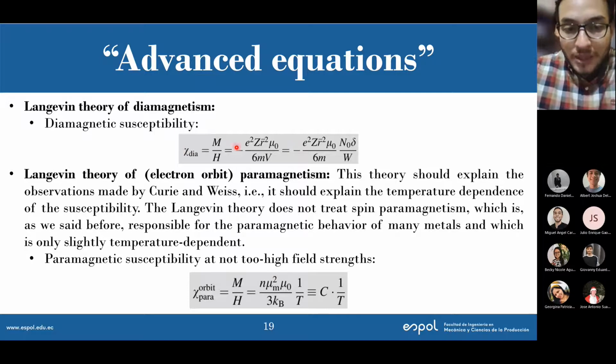Whereas if you model this from a quantum mechanics point of view, using electron charge, mass of the electron, radius of the orbit, atomic number, density, and atomic mass, so terms from an atomic point of view, then you get values that are close to experimental values.